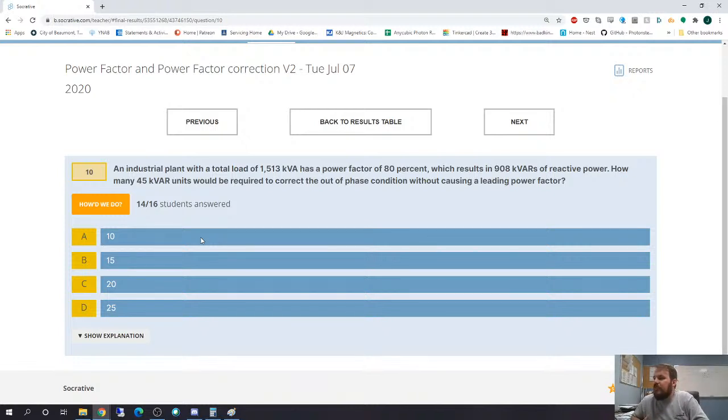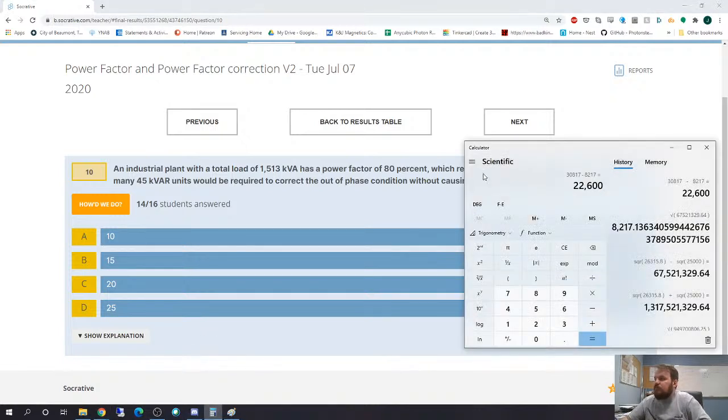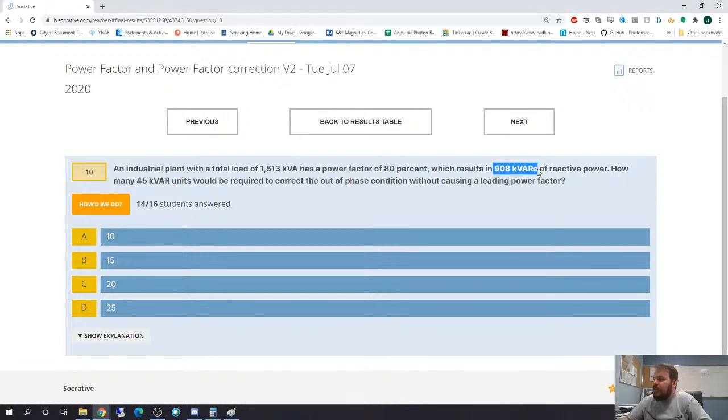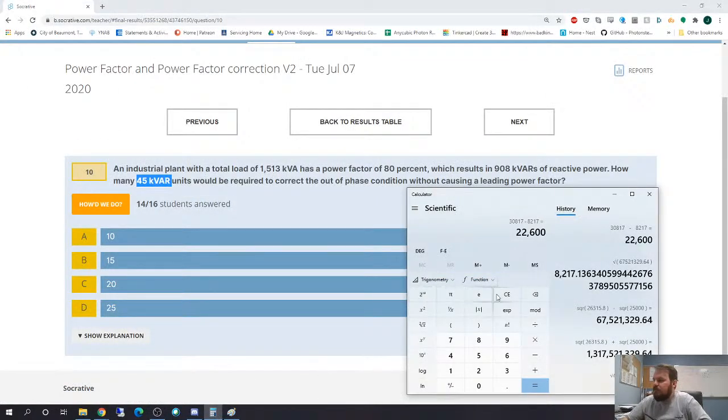Which results in 908 kilovars of reactive power. How many 45 kilovar units would be required to correct the out-of-phase condition without causing a leading power factor? This one's super easy. We have 908 kilovars of reactive power, and we're using 45 kilovar capacitors, or units.